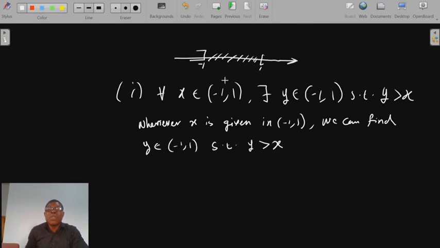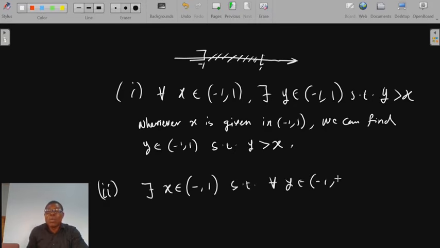This is the interpretation of the first statement, meaning that given x in (-1, 1), there exists y in (-1, 1) so that y is bigger than x. The other statement I wrote, which I say is not the same as this, is: there exists x in (-1, 1) so that for all y in (-1, 1), y is bigger than x.